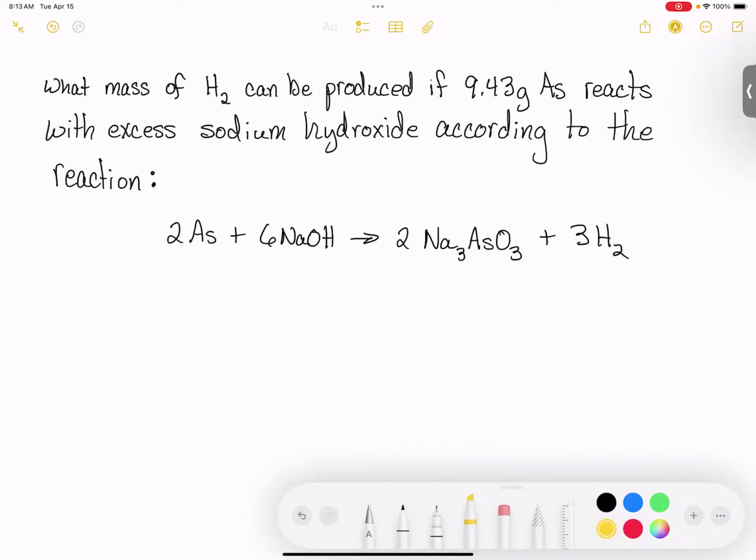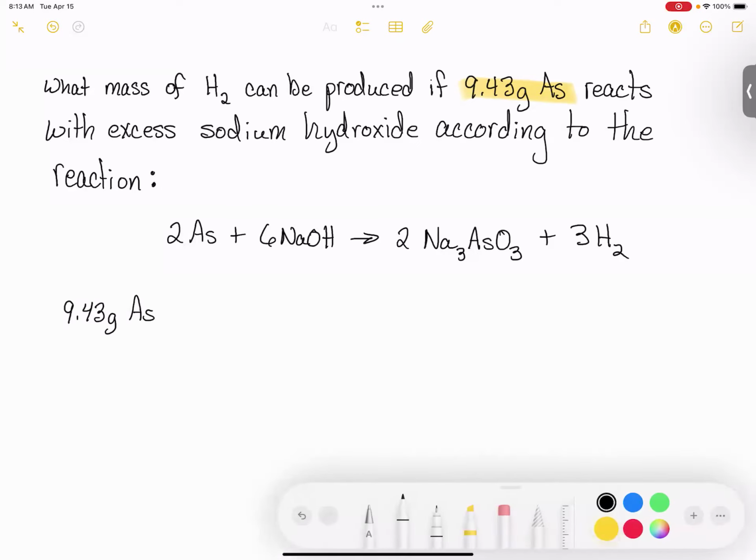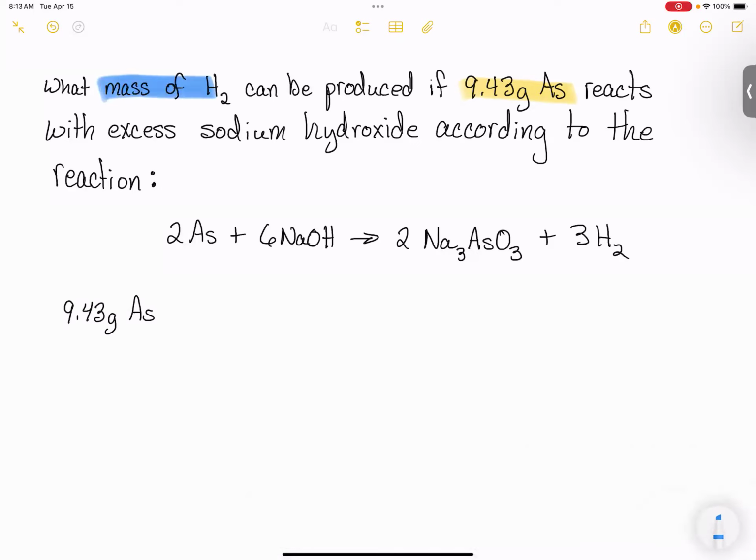We're going to identify what we were given. We were given 9.43 grams of arsenic. Next, we identify what we want to solve for. We want mass of hydrogen, meaning we want grams of hydrogen.